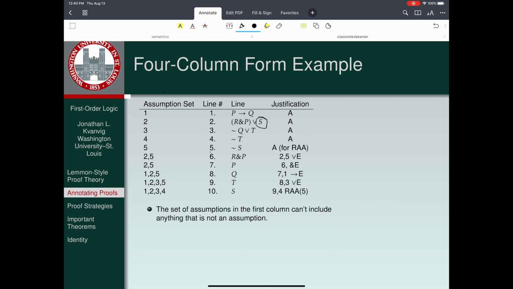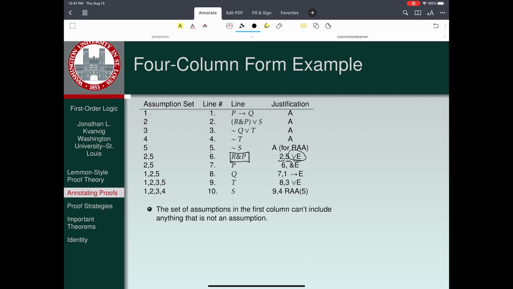So notice how I annotate the justification at line 6. I cite the 2 lines that I'm going to use, I cite the rule that I'm going to use, and I write down as the content of line 6 the formula that follows by applying that rule to those 2 lines. What follows is that if S is false, then R and P has to be true, given line 2. So that's what I write down.